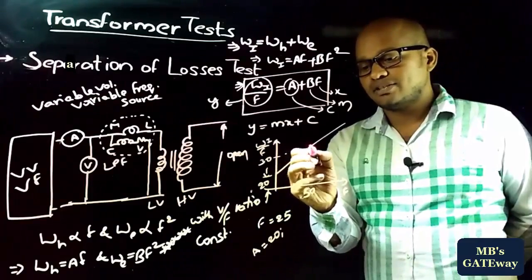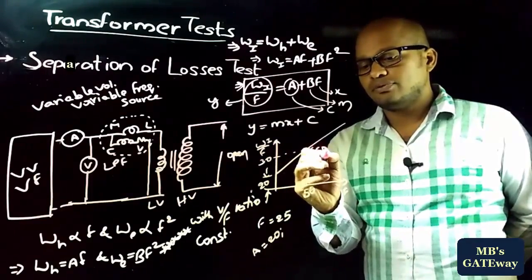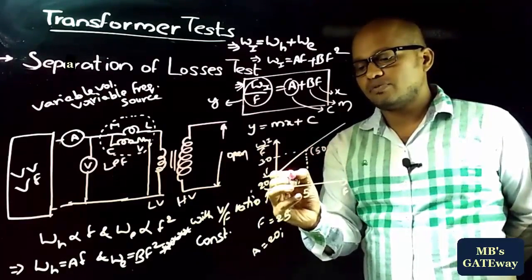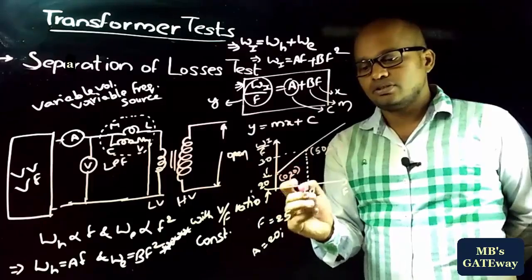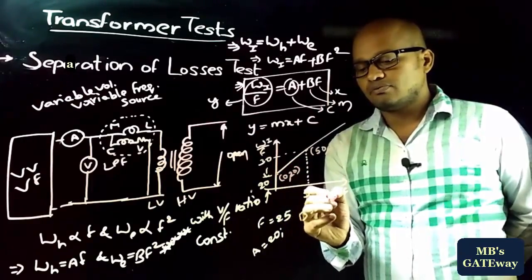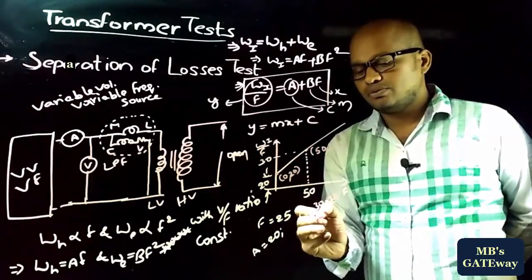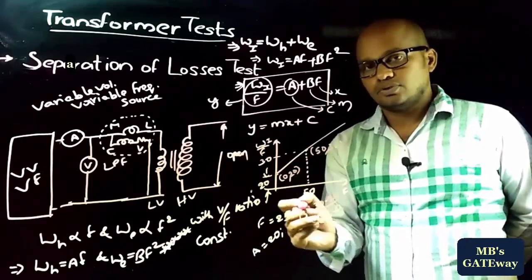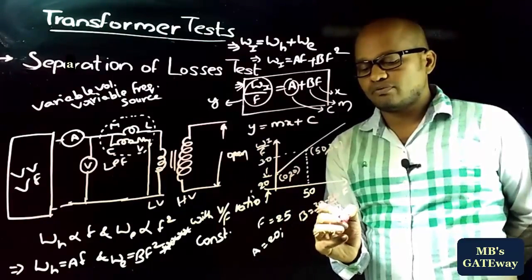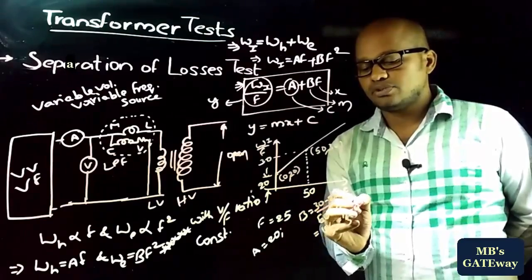Here the coordinates are 50 and 30, and on this point the coordinates are 0 and 20. So B is equal to 10 by 50, that is 1 by 5, that is 0.2.